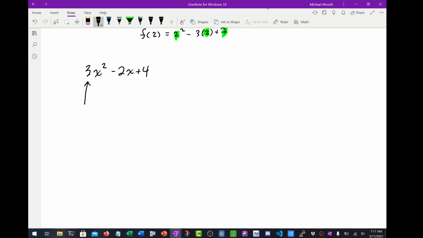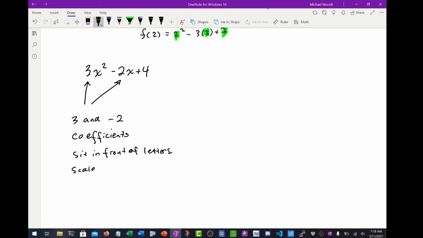These two numbers here, so the 3 and the negative 2, these are called coefficients. Okay, these numbers sit in front of letters. And they serve to scale the variable. All right, let me show you what I mean.